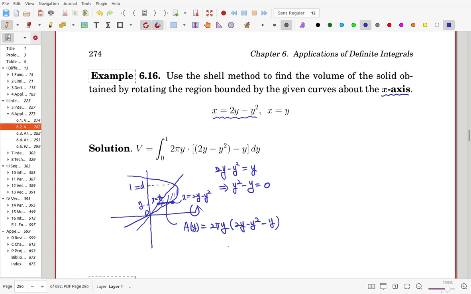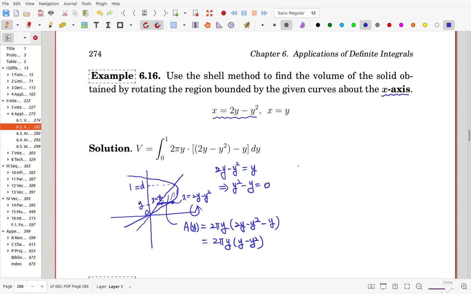So we can rewrite this as 2 pi y times y minus y squared. That's the area of the thin shell at y.